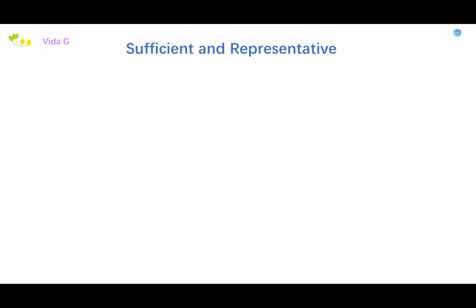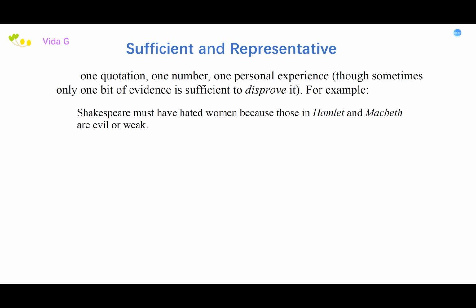Sufficient, representative. Do not use only one quotation, one number, or one personal experience. That kind of evidence is insufficient. And your evidence has to be representative. For example, "Shakespeare must have hated women because those in Hamlet and Macbeth are evil or weak."